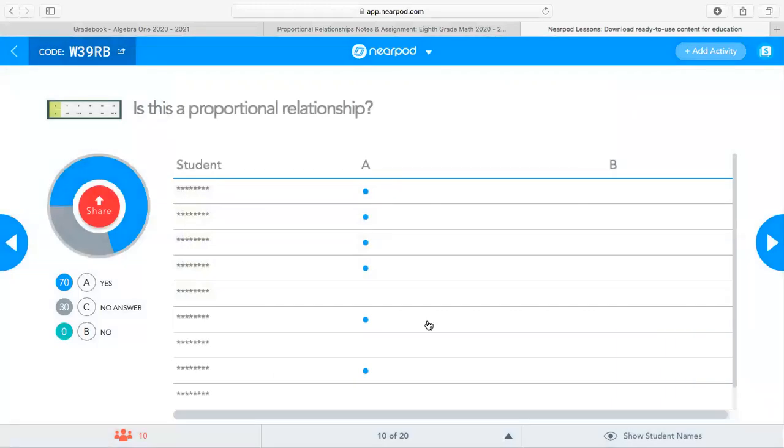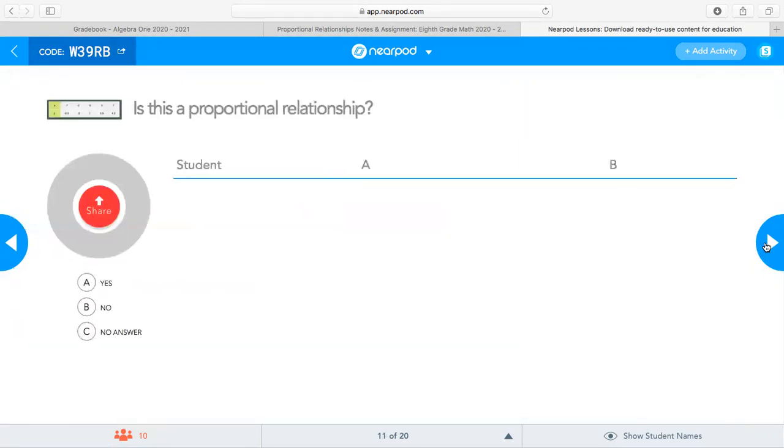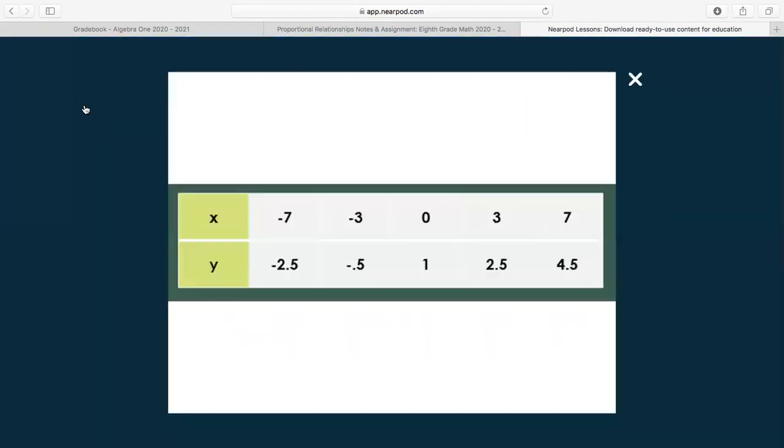All right, so answer yes. 5 seconds. 5, 4, 3, 2, 1. All right. All right, so let's see what you get. Is this table proportional?